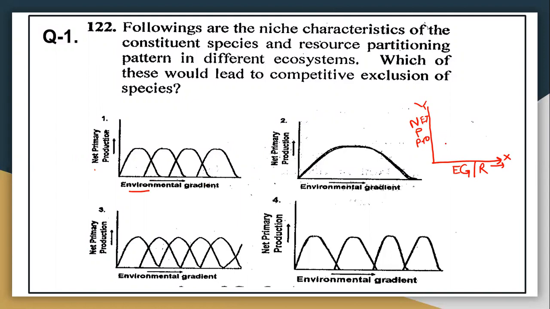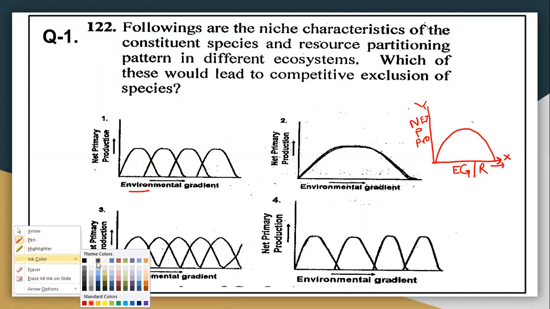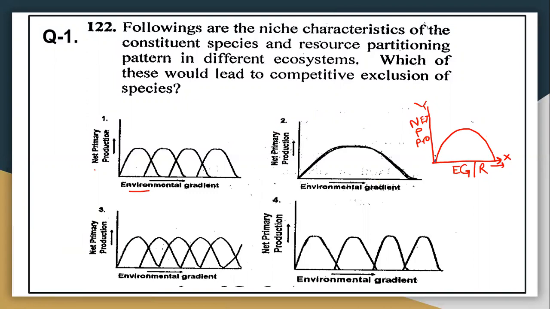So maximum overlap, if the niches have maximum overlap between two different species, suppose these are species 1, species 2, and now another species is species 3.